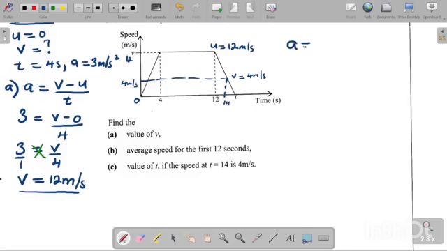Let's find the acceleration. Acceleration is given by the final velocity v minus u over time.